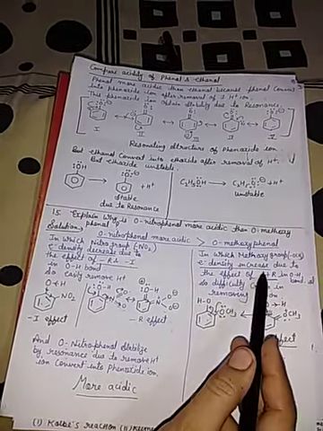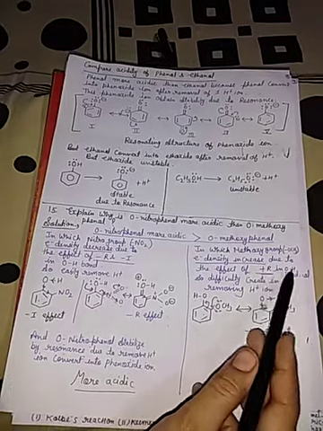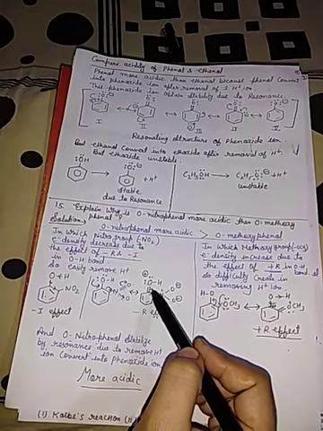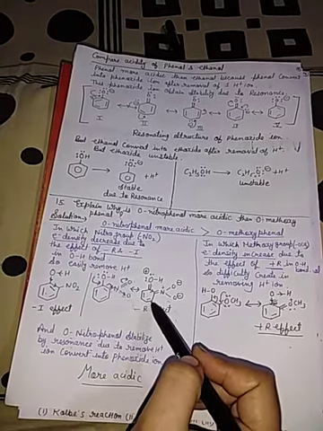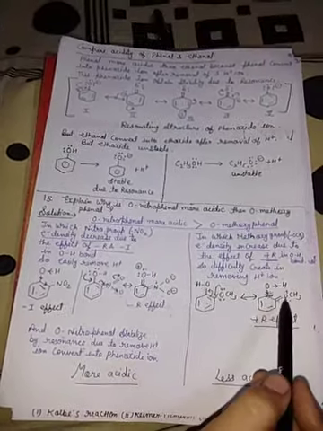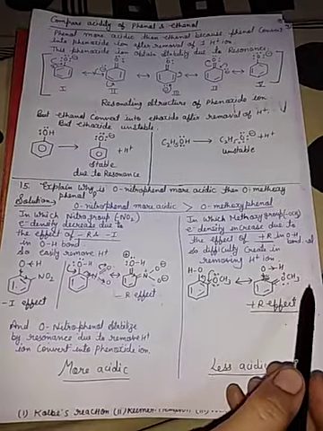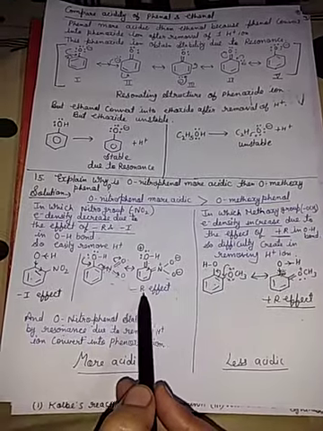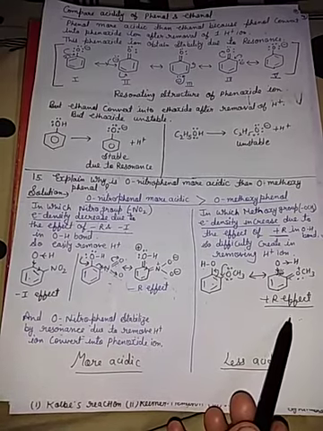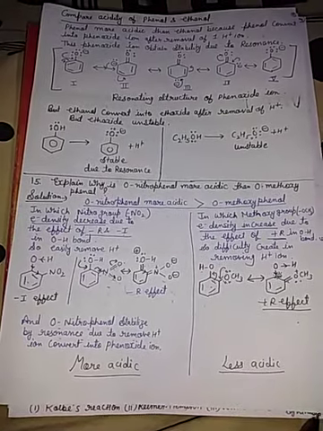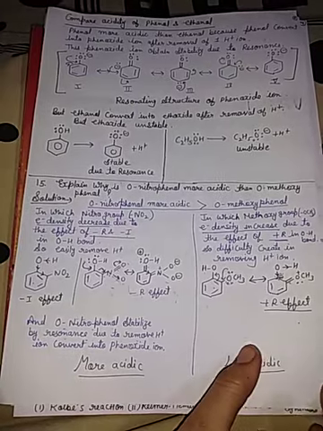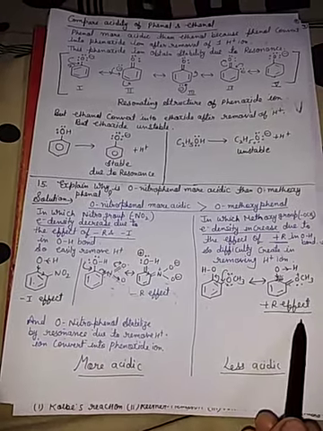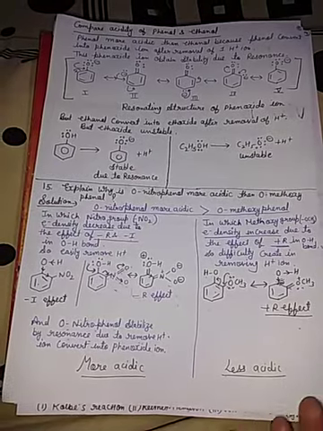So electron density increases in the OH bond due to the plus R effect. Here the OH bond electron density decreases, and here electron density increases. But in nitrophenol there is a minus I and R effect, and here there is a plus R effect. So it is less acidic. So ortho-nitrophenol is more acidic than ortho-methoxyphenol.